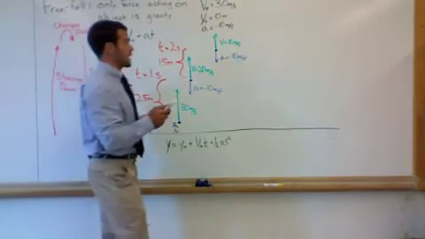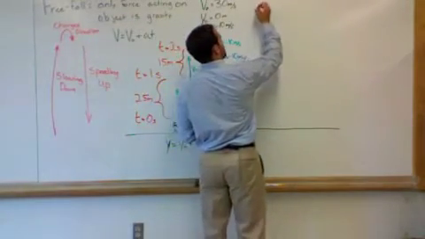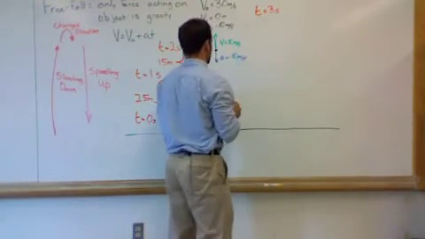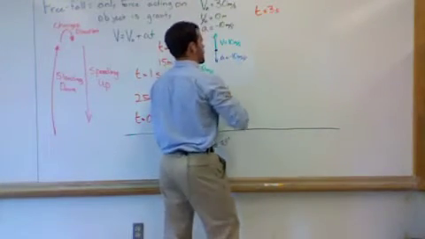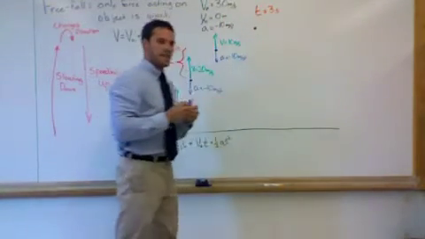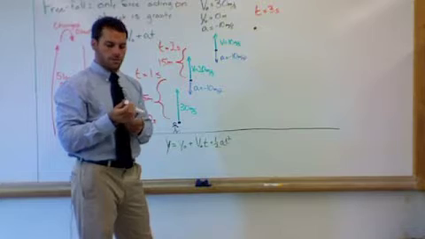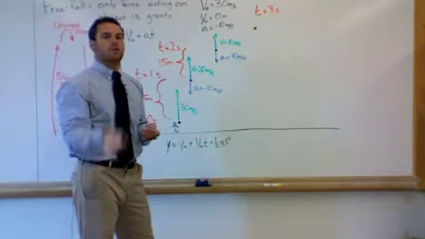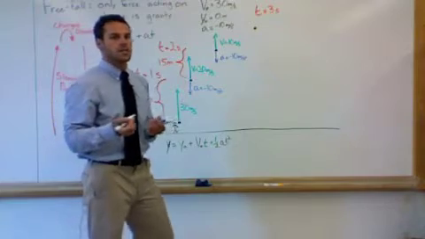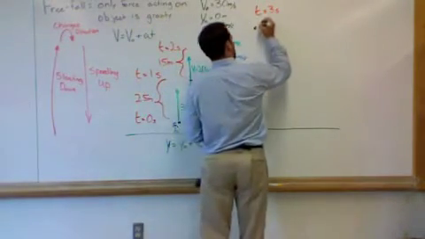Now in this last second here, at time equal to 3 seconds, here's our projectile. It's at the top of its arc. It's right here at this point. It's changing direction. Its velocity is going to be 0.